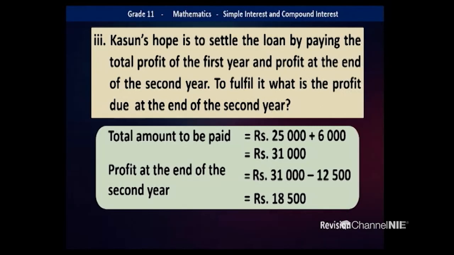It should be 18,500. If you want to settle the loan, the first year is 12,500, and the remaining amount should be collected from the second year. Then the second year interest or profit should be 18,500. But you can remember, he didn't get it. However, the answer for the third question is rupees 18,500.